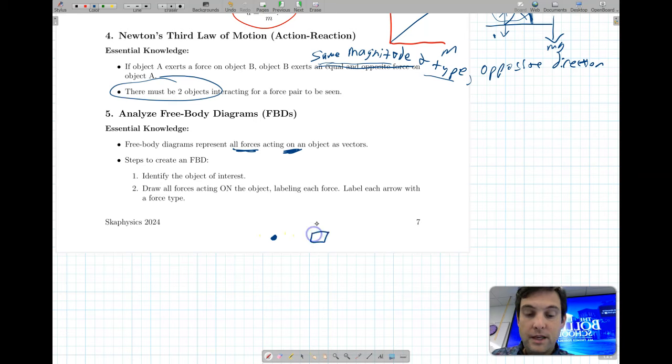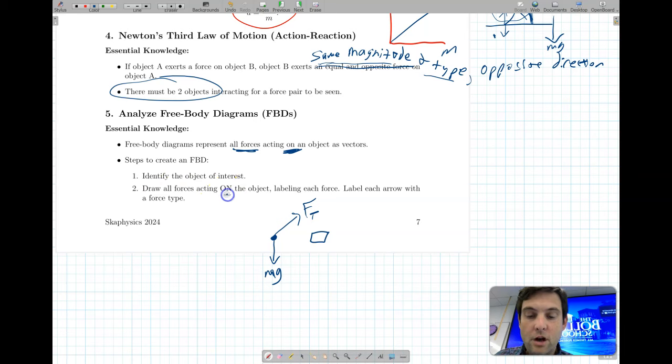You will see a dot or a square. If you start drawing, I always recommend starting with the easy one, the weight force, because I know the weight force always points towards the center of the Earth. So the weight force and whatever else, Ft.